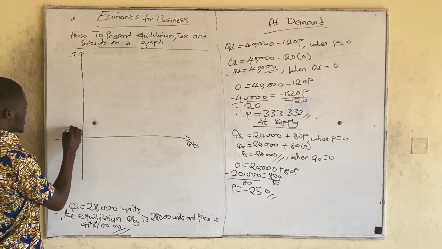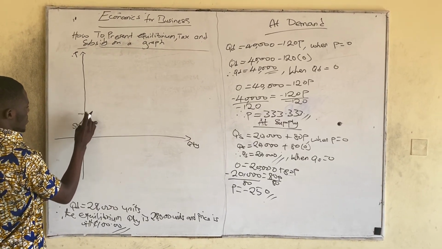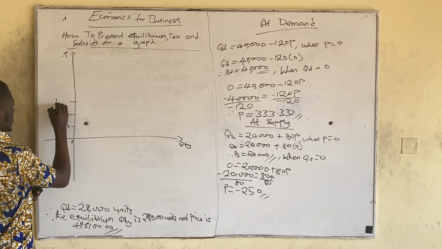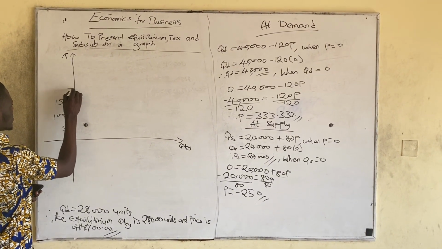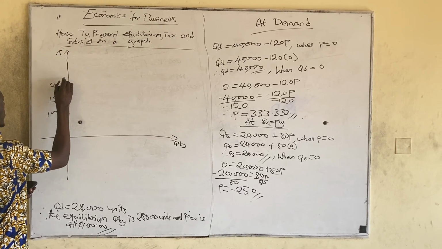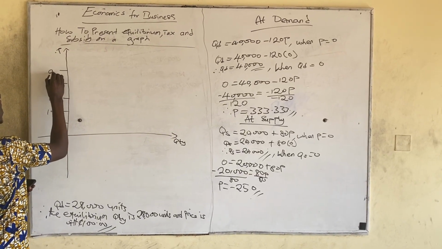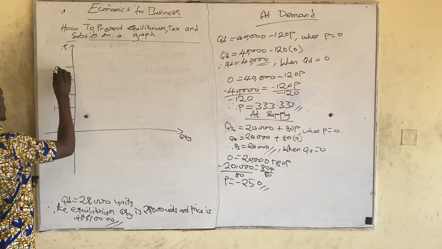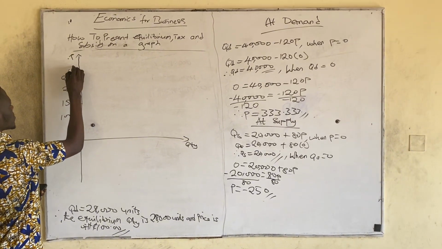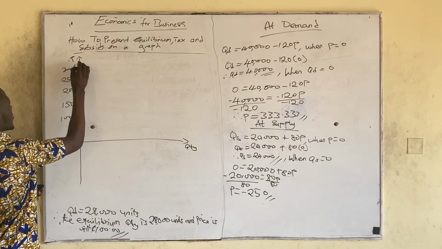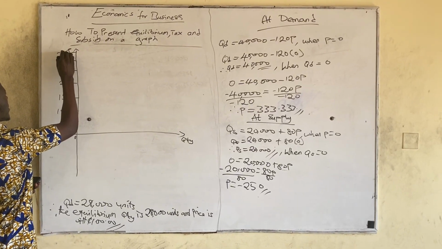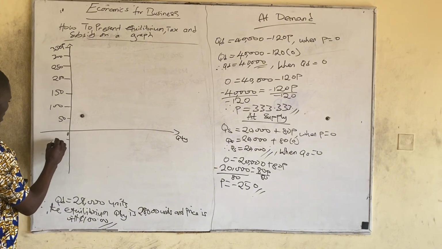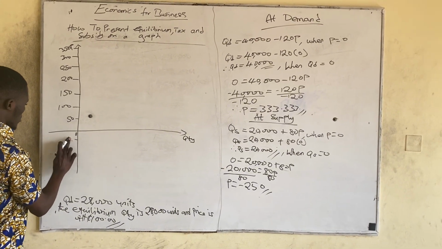We have our 50 here, 100, 150, 200, 250, 300, then 350, like this.